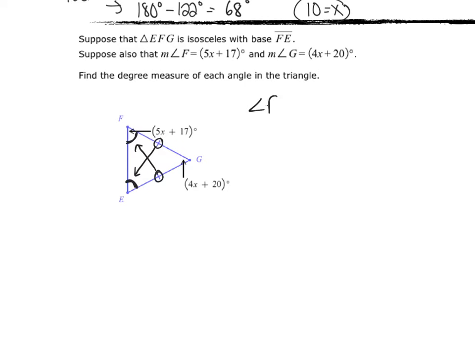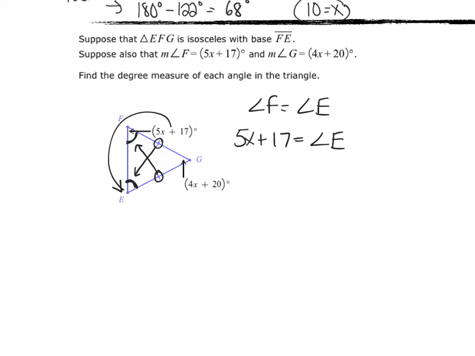So angle F is equal to angle E. Okay? So angle F is 5x plus 17, according to this. So that is also what angle E is. And then they give us what angle G is.